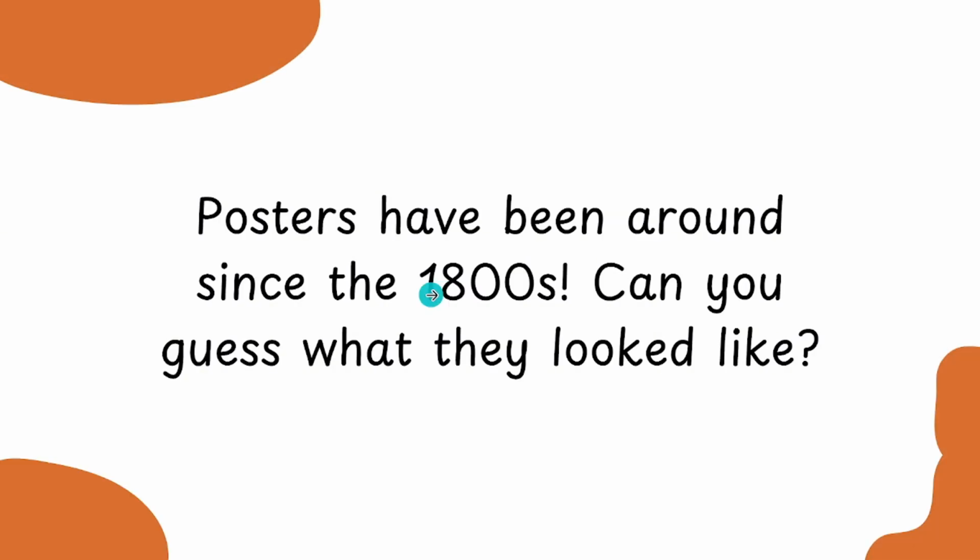So posters have been around since the 80s. Can you guess what posters in the 80s actually looked like? Now let's look at it and see if there is a difference between the posters that were made in the 80s and posters that are being made now.